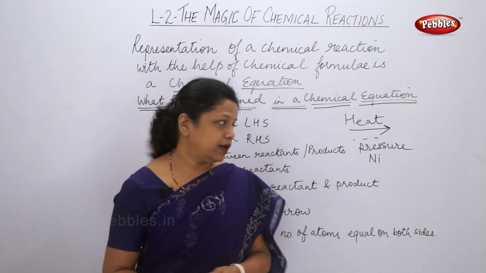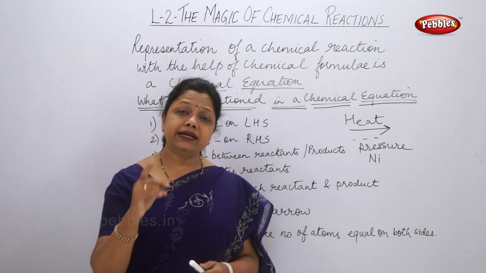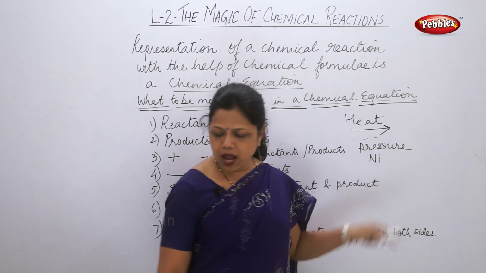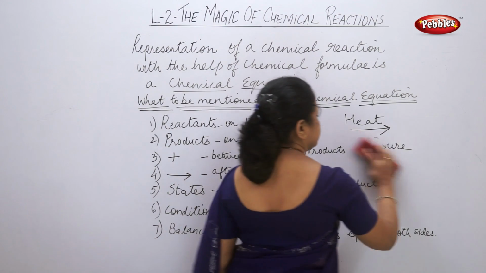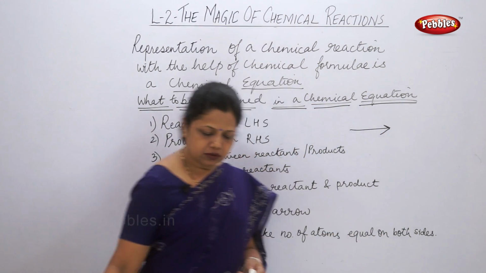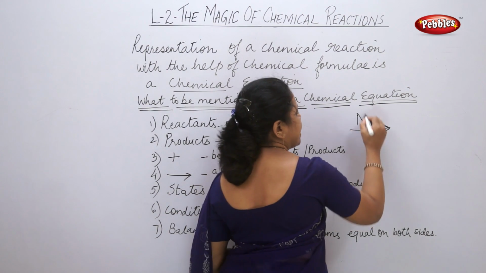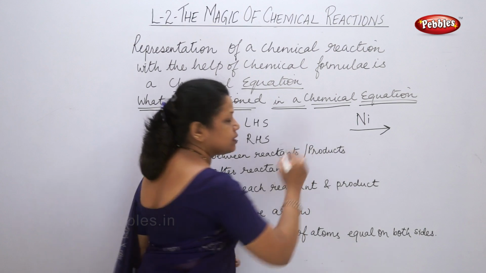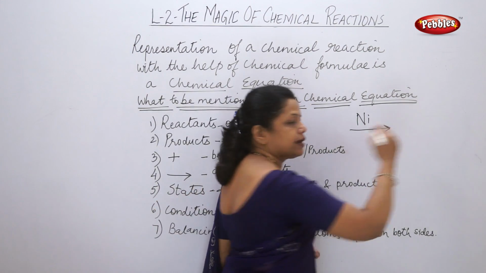The vegetable oil reacts with hydrogen only in the presence of a catalyst, that is nickel. So I will write nickel either above or below the arrow. If nickel is required as a catalyst, I will write like this. I will not write it on the left hand side. I will not write it on the right hand side.